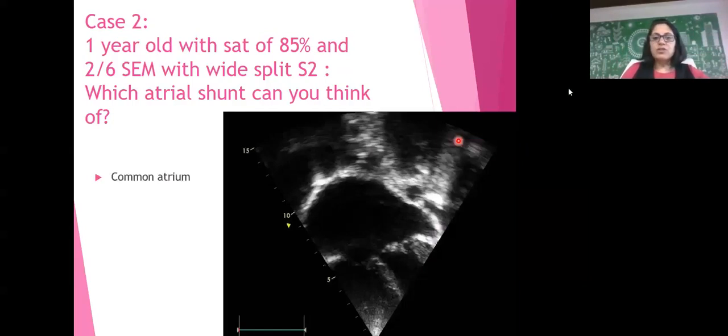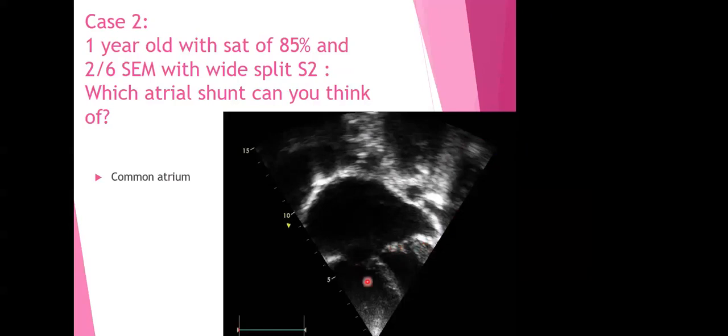So that's one option. Any type of ASD you know that can present like this? There is what is called a common atrium. If you look at this common atrium, this is your mitral valve, tricuspid valve, LV. There is no atrial septum.